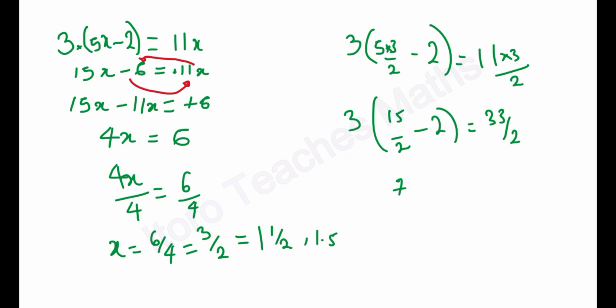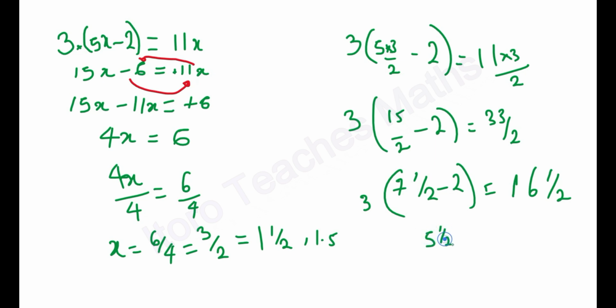So if you know that 15 over 2 is 7.5, minus 2, and all this is multiplied by 3, is equal to 33 over 2, which is 16.5. Alright, and then 7.5 minus 2 is 5.5. And if we multiply that by 3, do we get 16.5?